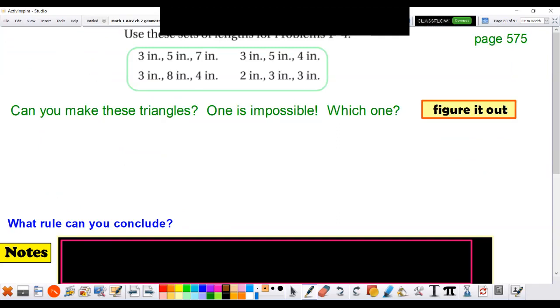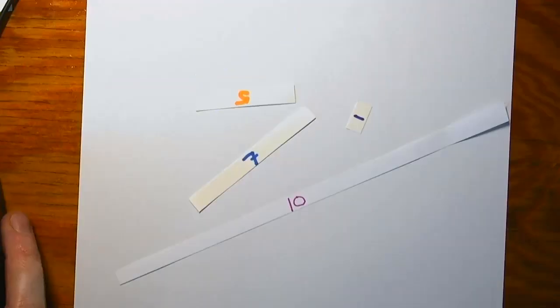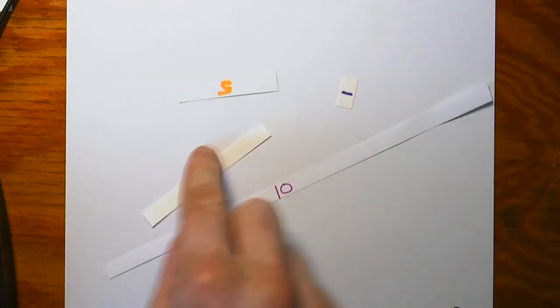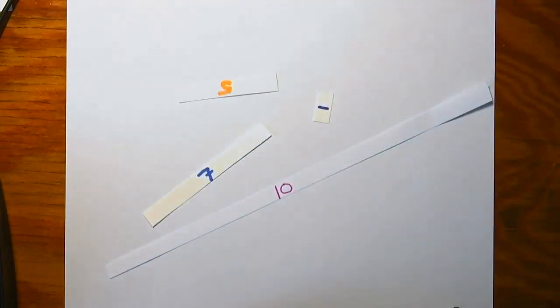Okay, let's talk about the lengths. I skipped a bunch of slides. I was going to have you try to draw these, but one of these is impossible. So let me tell you a little bit about the lengths of triangles. If I were to make a triangle, I need three sides, but can you just pick any three pieces and put them together and make a triangle?